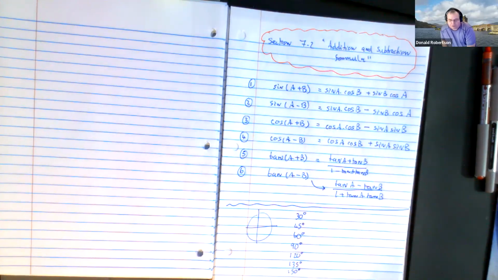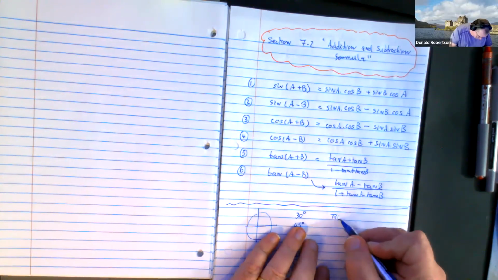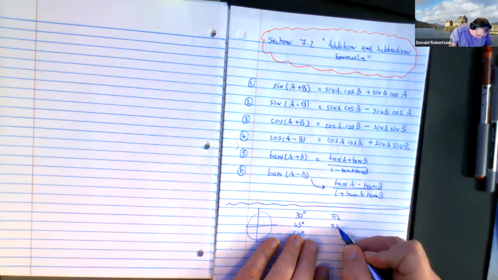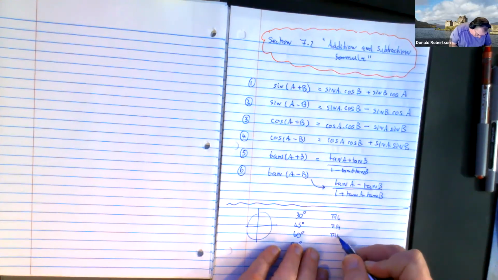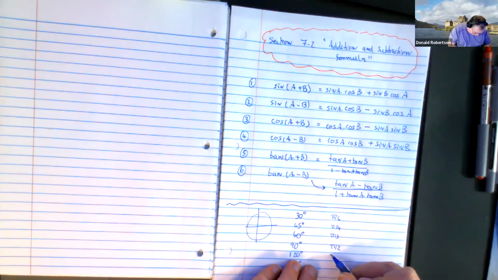I can't write them all down, there's lots of them, but do you notice that if you go around your unit circle, wouldn't you be able to find these guys, right? There are only certain ones there. Of course, if you're going to do it in radians, it's pi upon 6, pi upon 4, pi upon 3, pi upon 2. What's that?